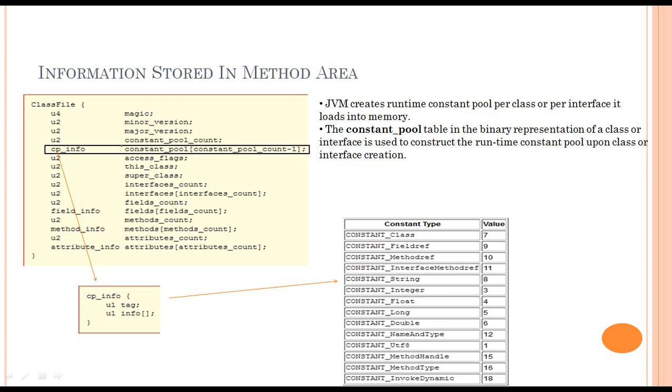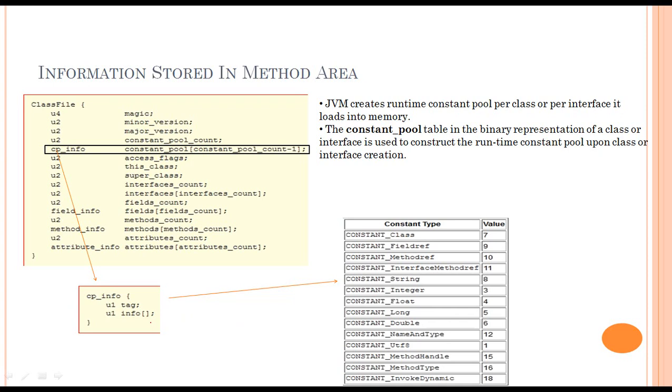By metadata, I mean all the references, all the classes and the objects that are being referenced inside the class file. This constant pool is of type CP underscore info, and CP underscore info itself contains a set of tags. These are the set of tags which it can hold, and other information as part of the array.